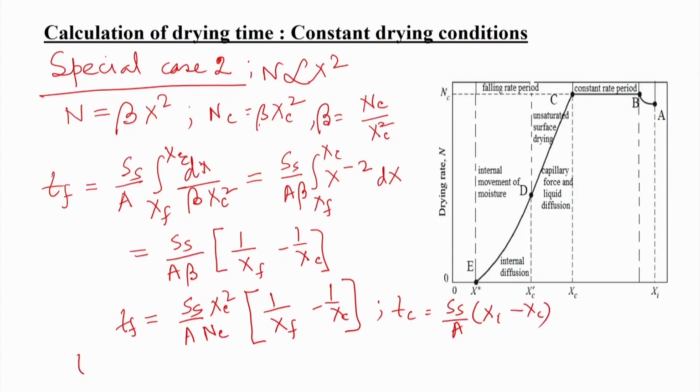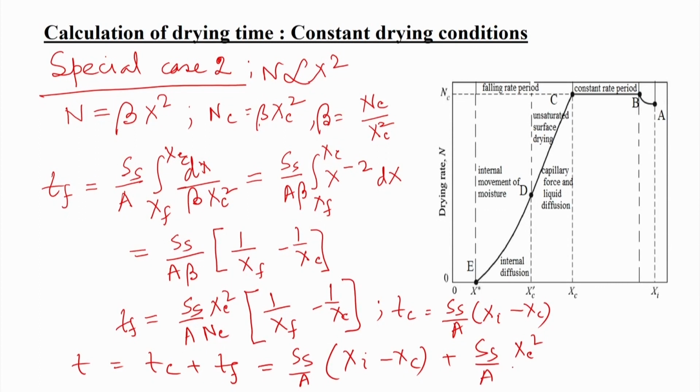So, the total time will be equal to T_c plus T_f, which is S_s by A into (x_i minus x_c) plus S_s by A into x_c square by n_c into (1 by x_f minus 1 by x_c).